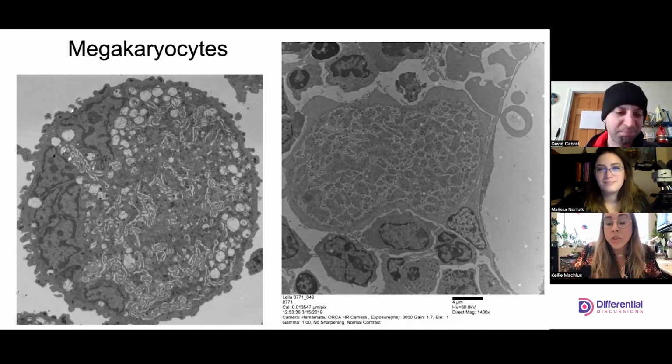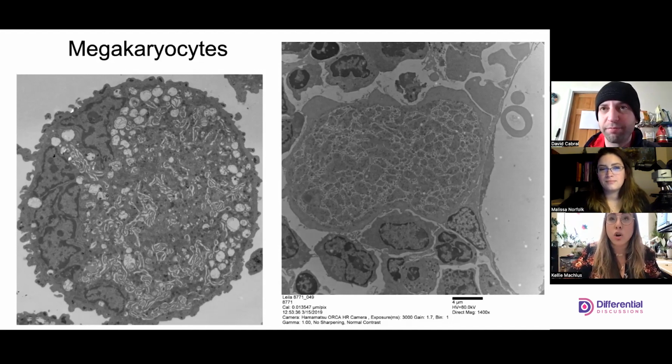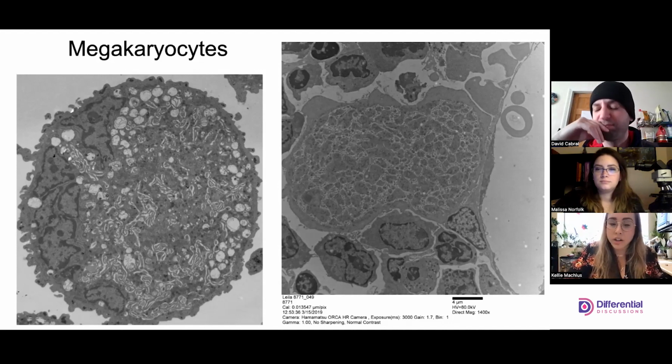Yep. And the problem with proplatelets is you almost never capture them in these images because they're so delicate. They come off so easily, so you have to be so careful. When you think about the speed of the blood flow, it's remarkably fast. And any technique where you're handling the sample or fixing it is very, very difficult.